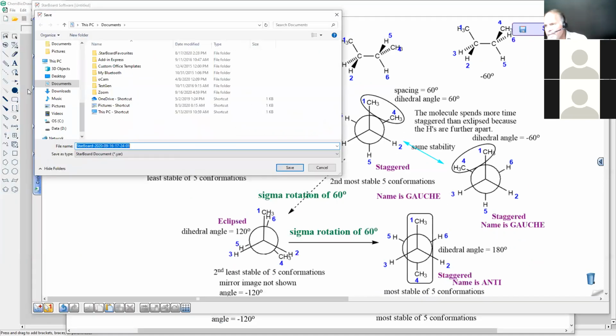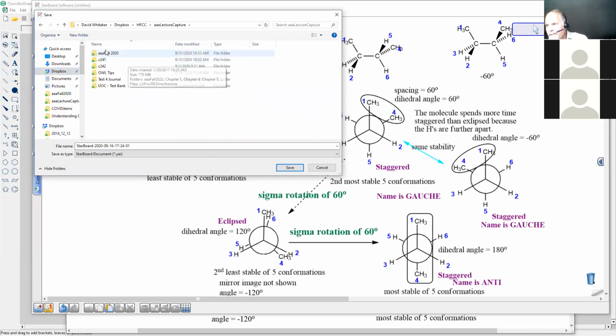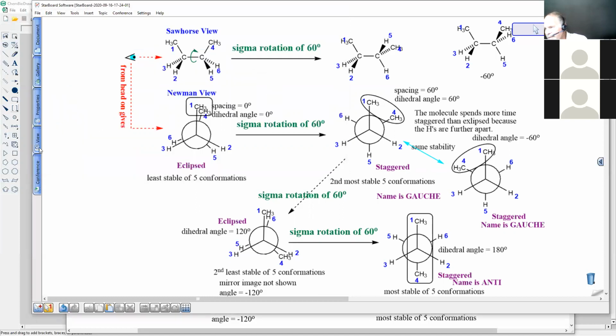Okay. Oh, I didn't save it yet. You can see where I save stuff. HFC, AAA lecture, fall 2000. No, we're 241 fall 2020. There. Okay.